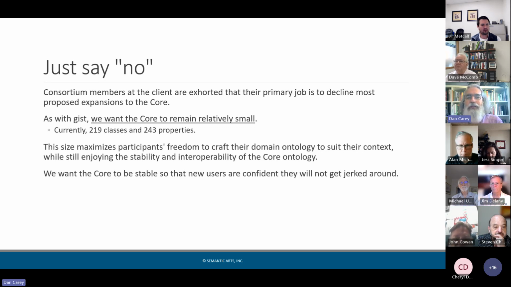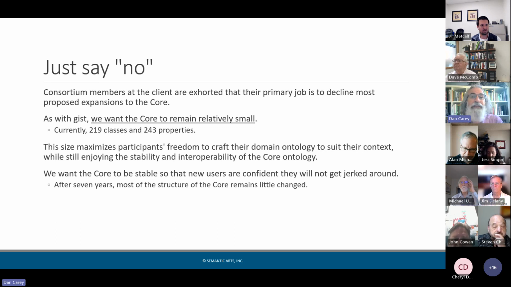And we want the core to stay stable so that any of the users can be confident that things aren't going to be changing underneath them all the time, that there's not going to be a lot of churn. And after 7 years, most of the structure of the core has changed very little. And some of the things that, from an ontologist standpoint, structurally, the classes got moved and everything.